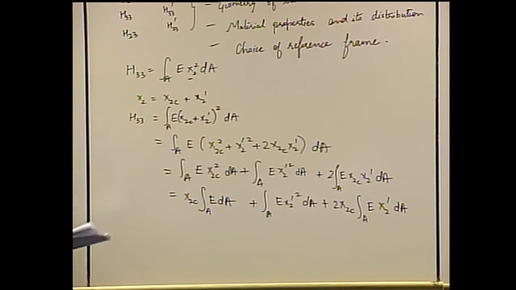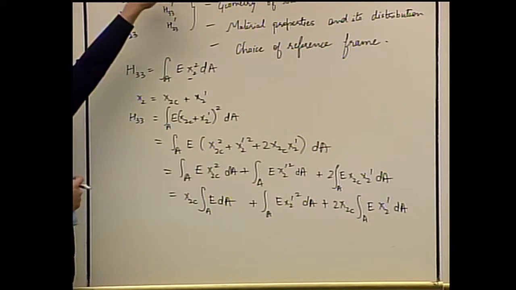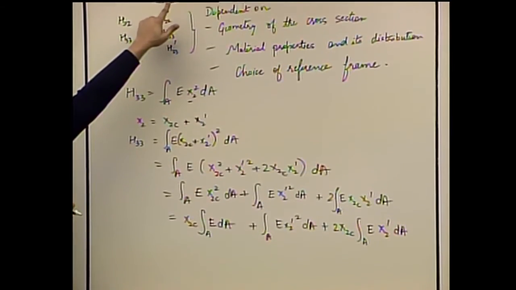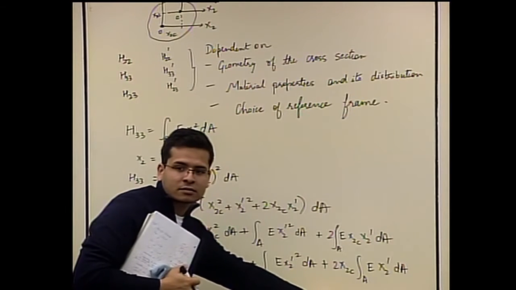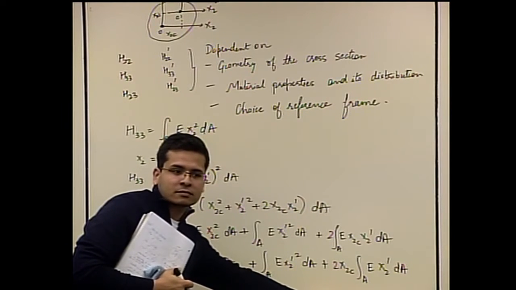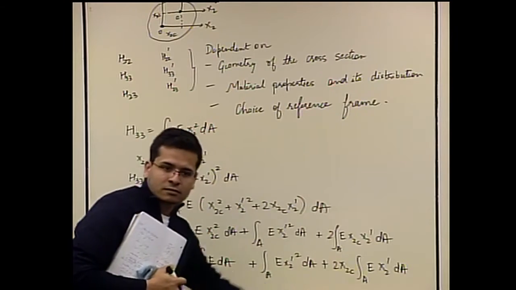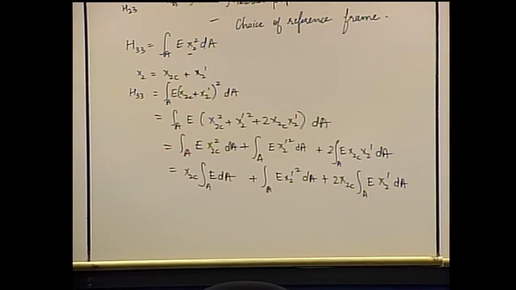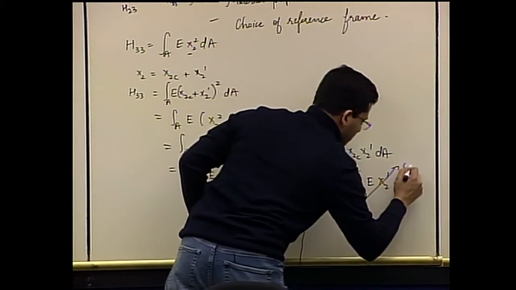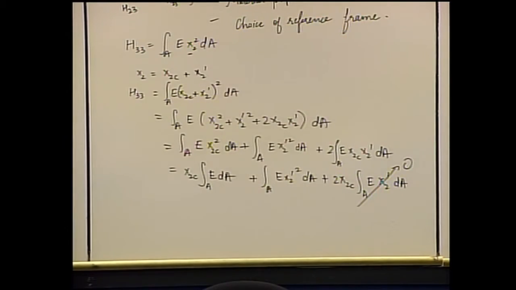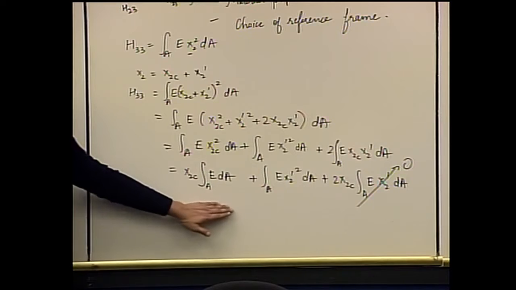Okay, so we are moving to a centroidal reference frame, right? So what happens with this integration? Zero, because it becomes an odd function. What is this integral, integration over the area E dA?